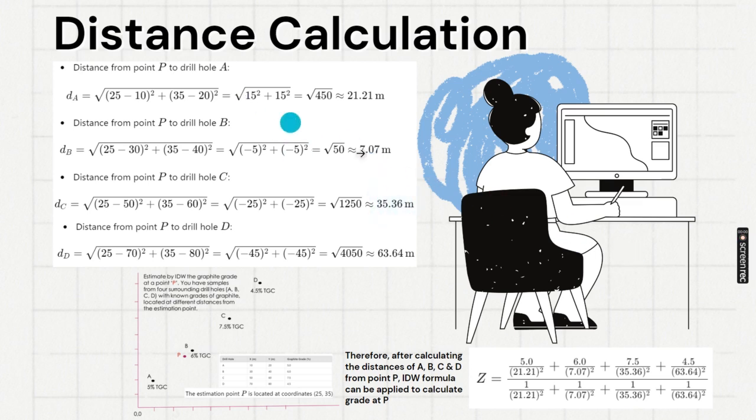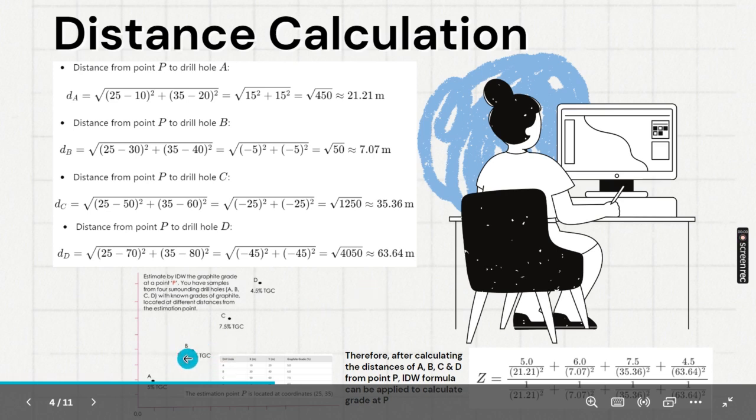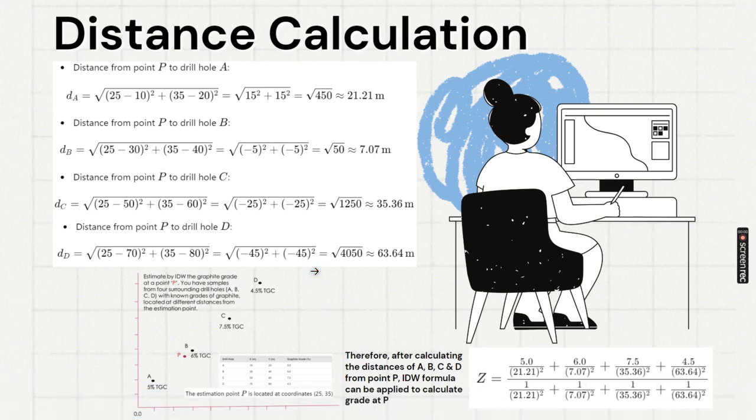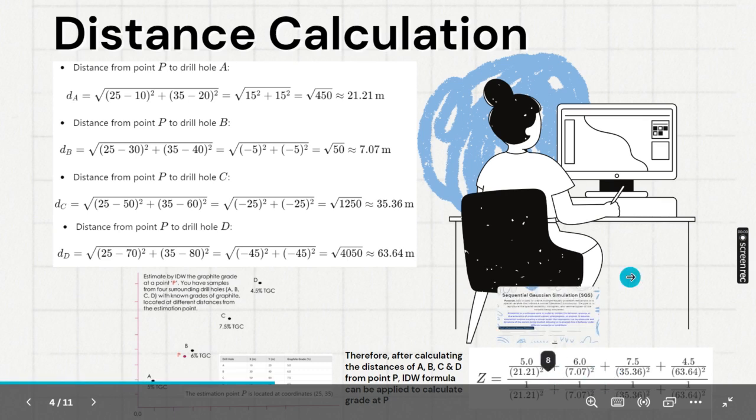For example, by using that formula, the distance of point P from A, from the coordinates you can calculate, is 21.21 meters. Similarly from B, it is nearby 7 meters. From C 35, from D 63 meters, 63.64 to be more precise. So after calculating all the distances, you can easily calculate the Z value by using that formula, as I have shown in step 2.